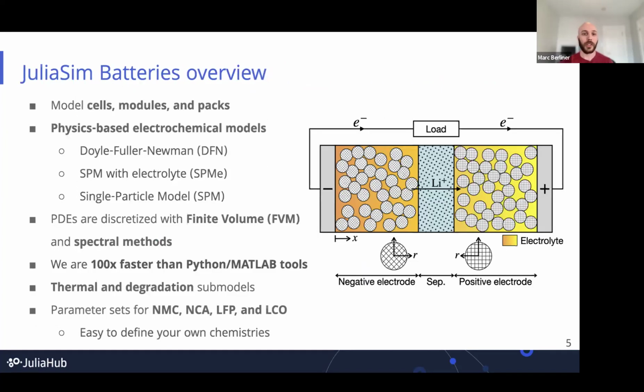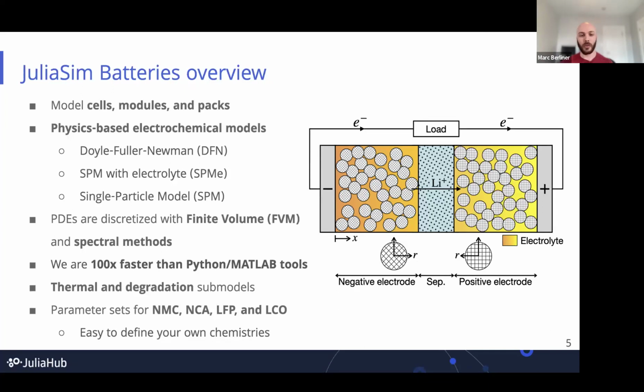So that's where JuliaSim Batteries comes in. So like we mentioned in some of these previous webinars, JuliaSim Batteries really excels at modeling physics-based cells, modules, and packs. So we base these physics-based models starting with the Doyle-Fuller-Newman model, which is the pseudo two-dimensional model of a lithium-ion battery that strikes a good balance between computational complexity and giving you good performance or good fidelity in your physics-based results.